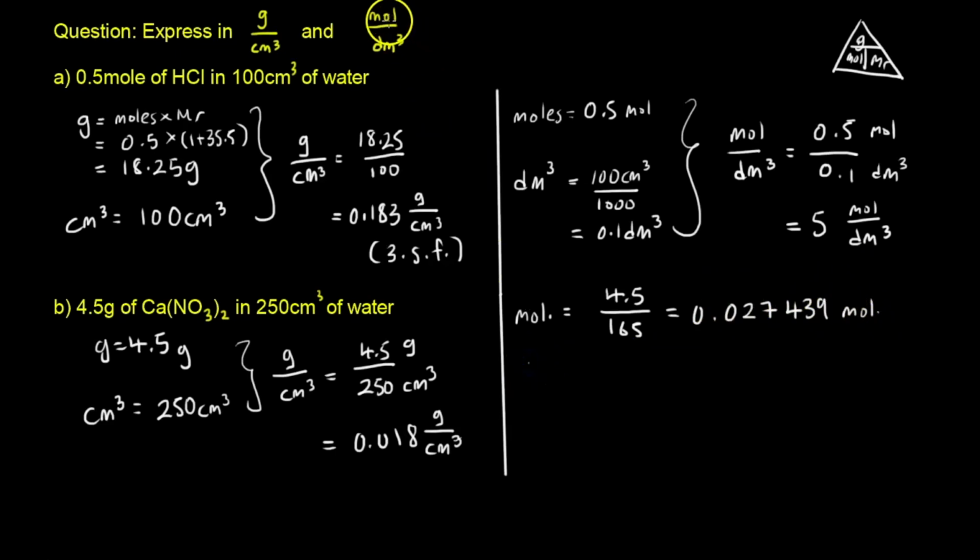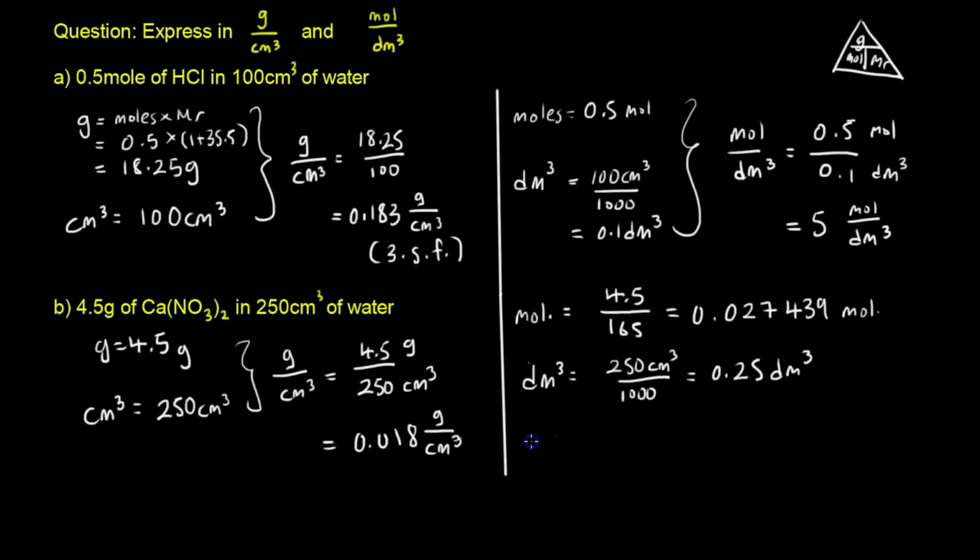They want mole on top, I have it. They want dm cubed below, do I have it? No, I do not, because I only have cm cubed. What do I do? My next best alternative is to convert it. So it's just 250 cm cubed divided by 1000 to give me 0.25 dm cubed. Makes sense, right? So now do I have moles and dm cubed? Yes, I do. So I just put them together.